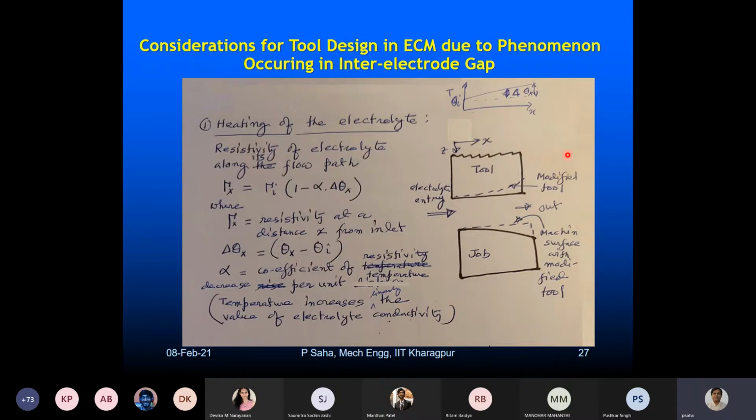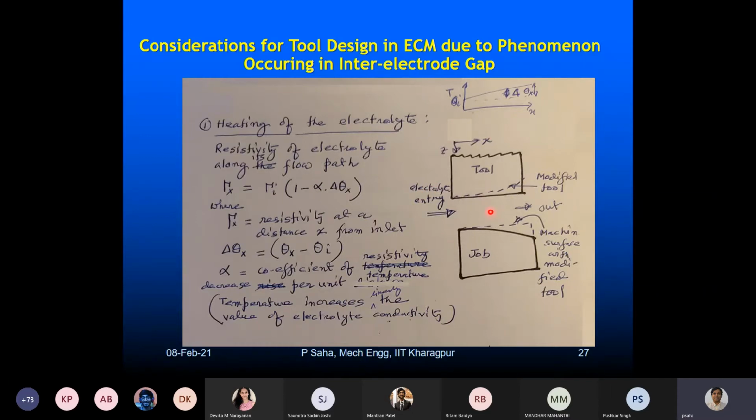The electrolyte coming out from here will get filtered in a centrifuge, so that clean electrolyte after filtering will pass through a heat exchanger or a chiller so that it can come back to room temperature.